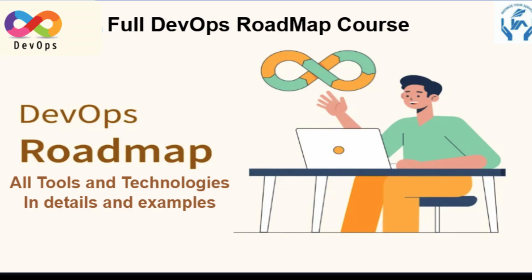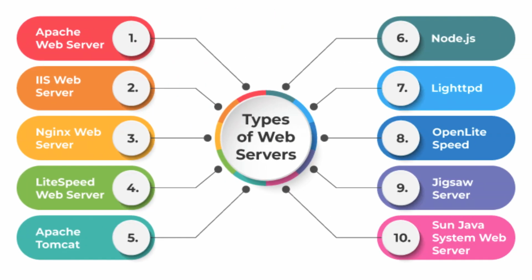We will be using Nginx in this series, even though we have Caddy, Tomcat, Apache, IIS web servers. From web servers we will be using Nginx, and we will also be using forward proxy, reverse proxy, caching server, firewall, load balancer. All of these we'll be using in this course.